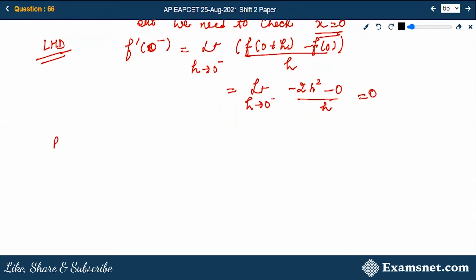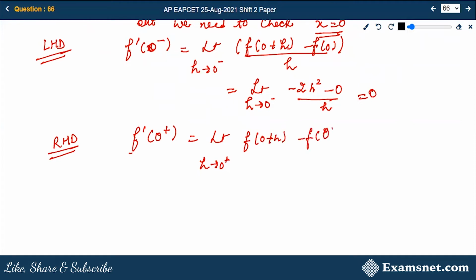Similarly, the right hand derivative, f dash of 0 plus, will be the limit as h approaches 0 plus of f(0 plus h) minus f(0) divided by h.